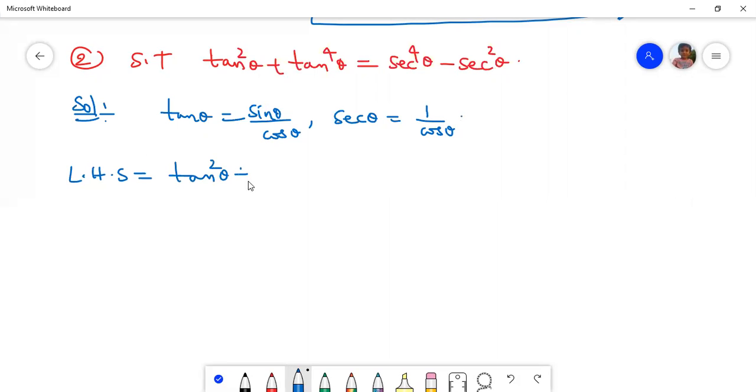LHS is equal to tan square theta plus tan power 4 theta. In these two terms, we can take common tan square theta. Then we get the second factor 1 plus tan square theta.